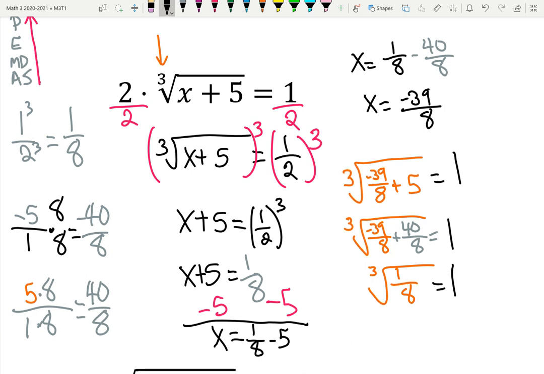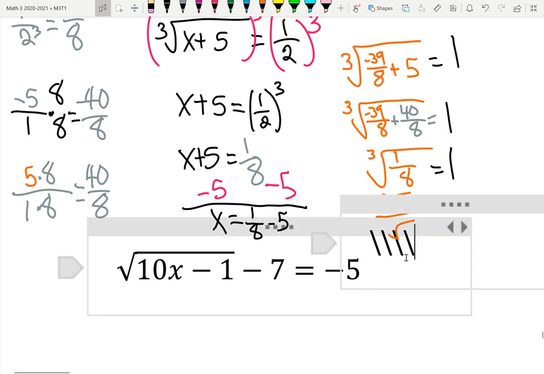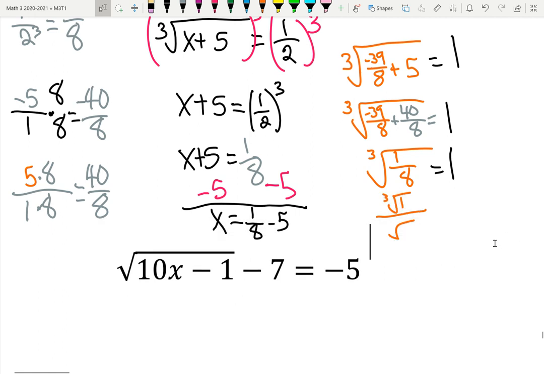I have to take the cube root of the numerator and the cube root of the denominator.